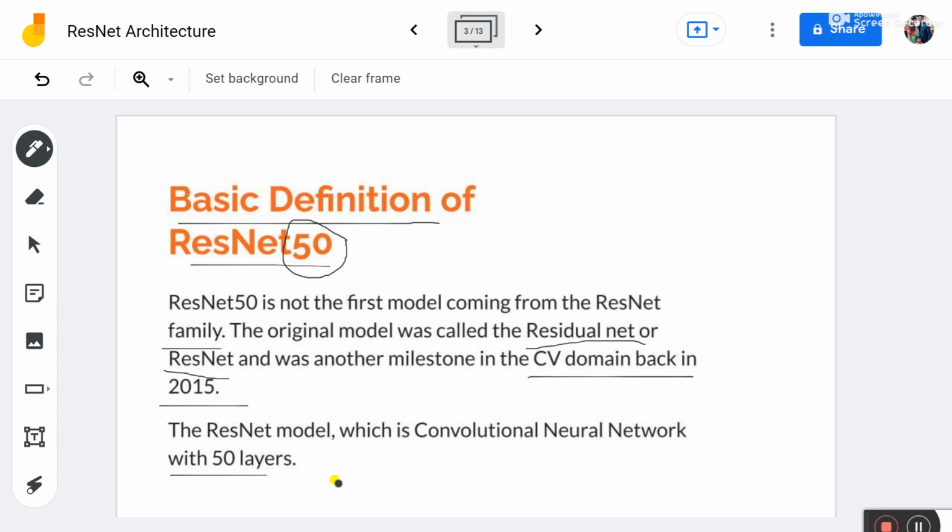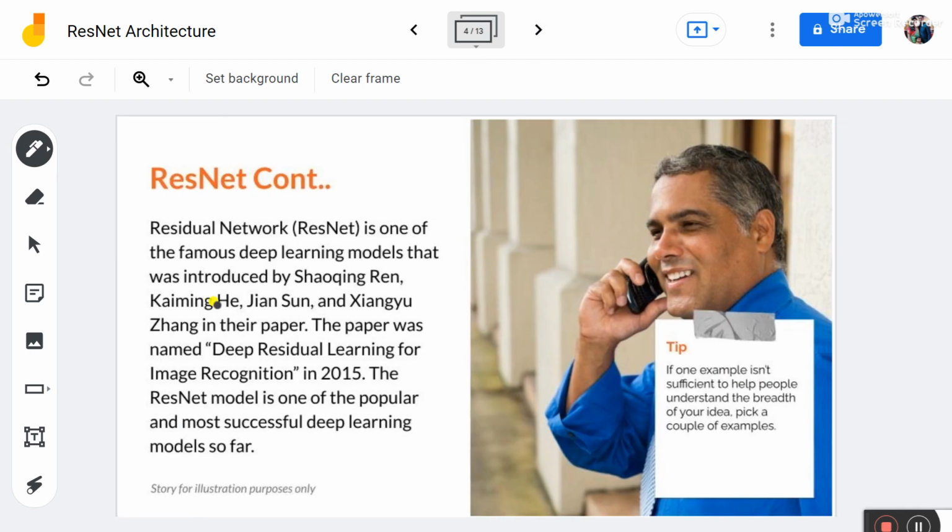All right, so ResNet is one of the famous deep learning models, defined in terms of various architecture aspects.